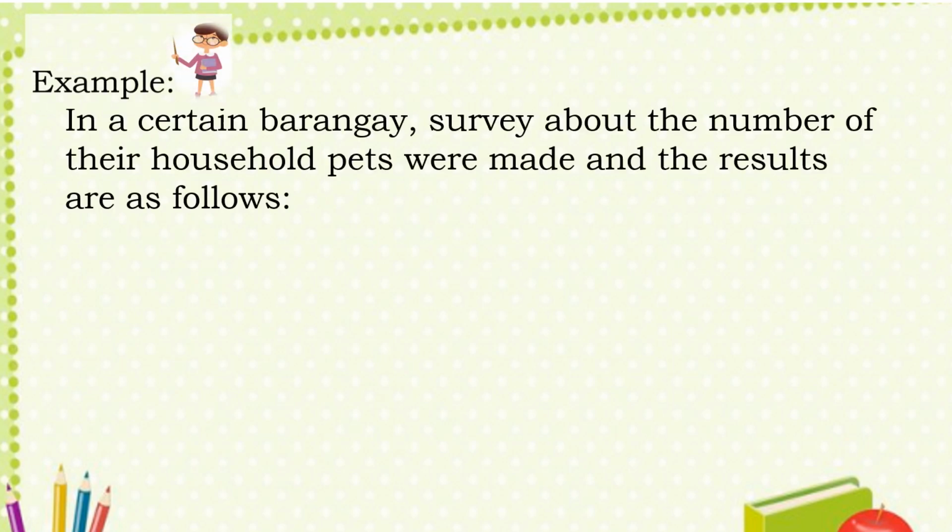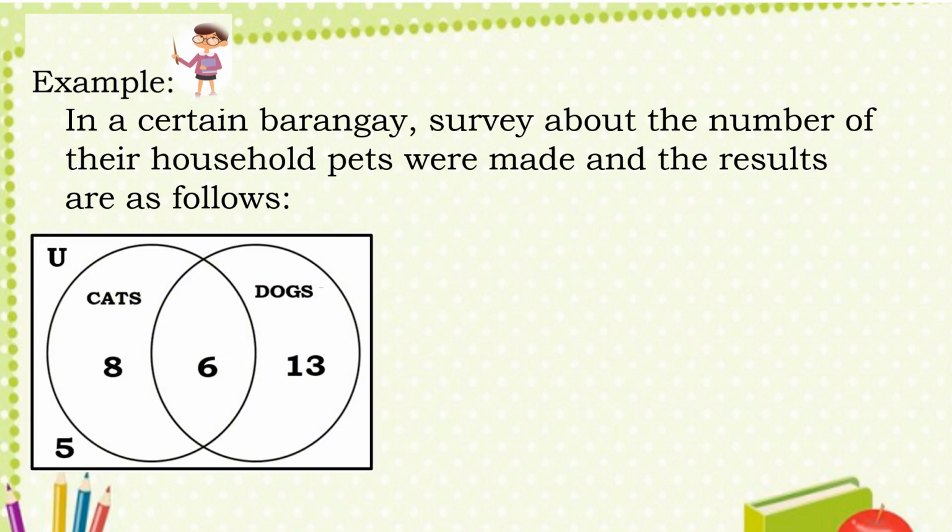For our first example, in a certain barangay, a survey about the number of their household pets was made, and the results are as follows. So we have here a two-set Venn diagram consisting of the variables cats and dogs. So we have here 8, 6, 13, and 5.